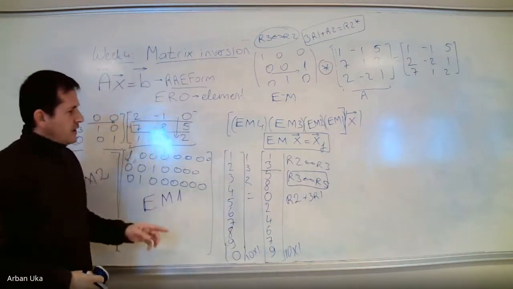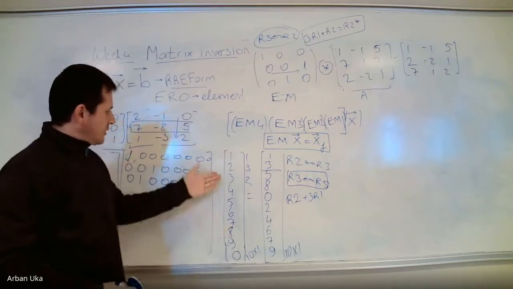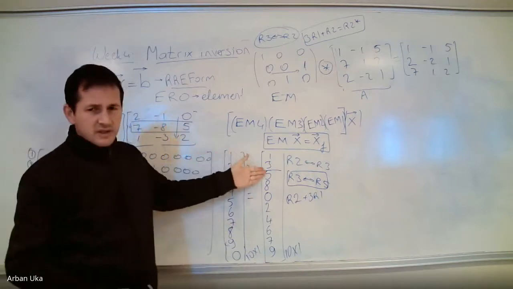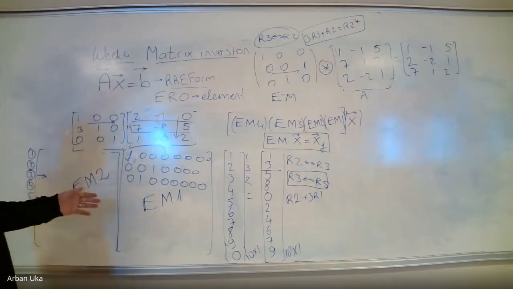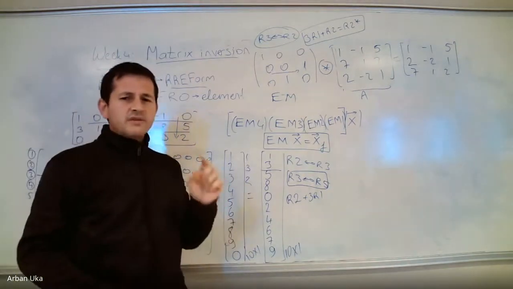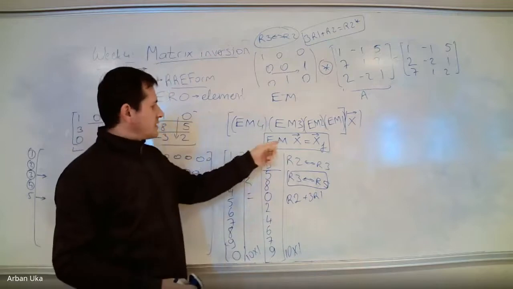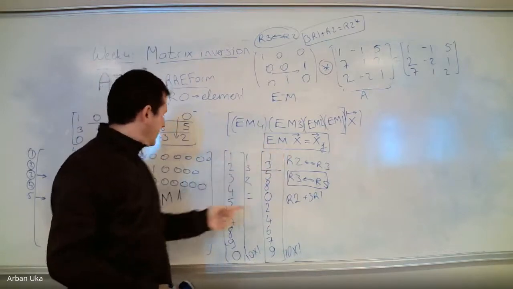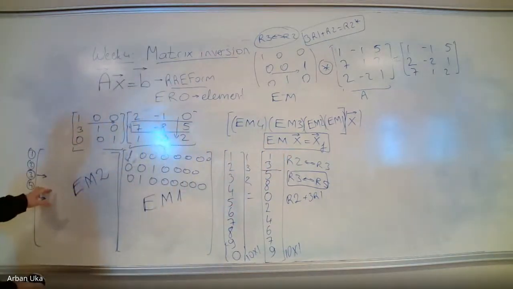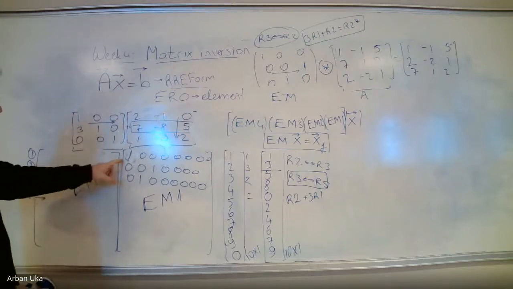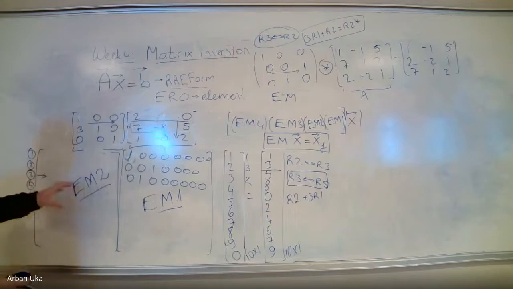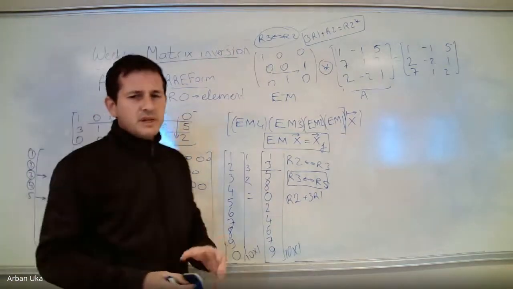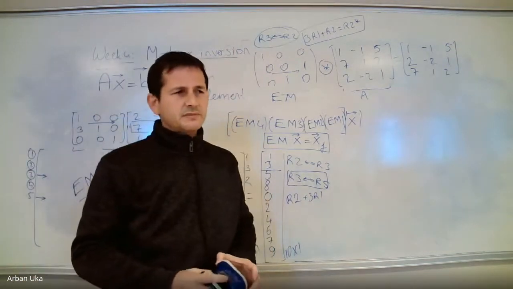So there is a way, for example, let's say you want to get this result. How do you do it? You multiply EM1, EM2, etc. in the end, but you don't have a single 10 by 10 matrix that multiplies this. How can you find it? You can multiply, for example, what we did here: EM1 and EM2 multiplied together give a combined matrix, which is also 10 by 10.